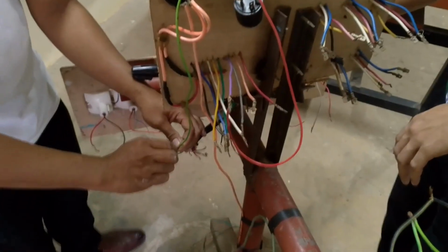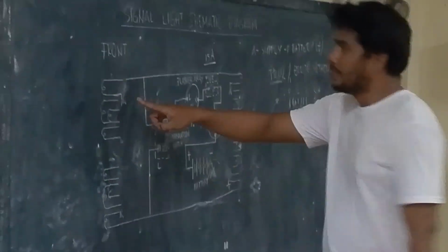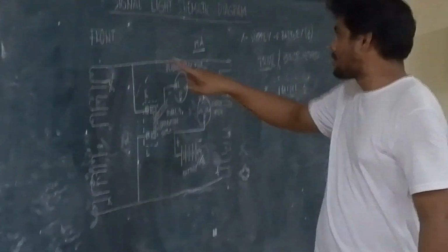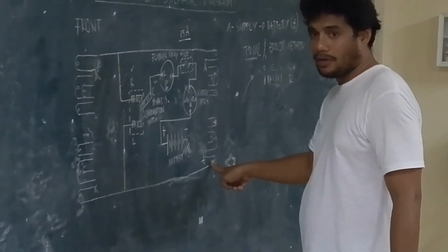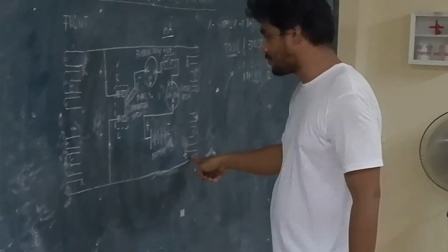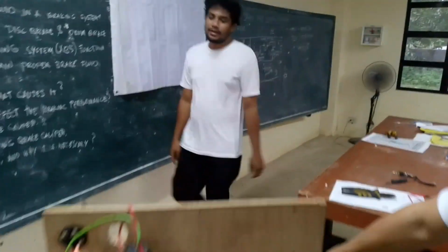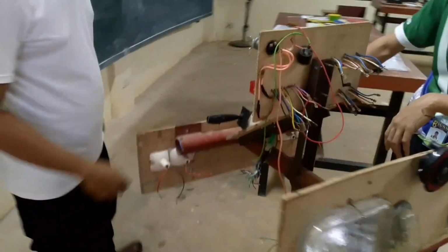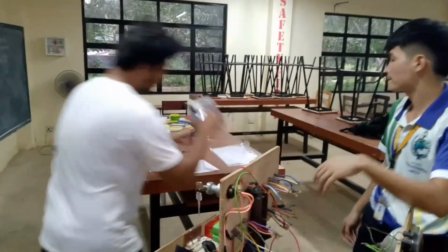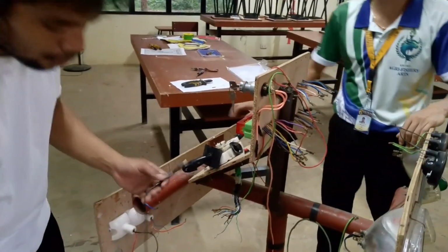Next, connect the load, right side to the right bulb, front left to the left bulb. Okay? So what will we do with this right? Double check.